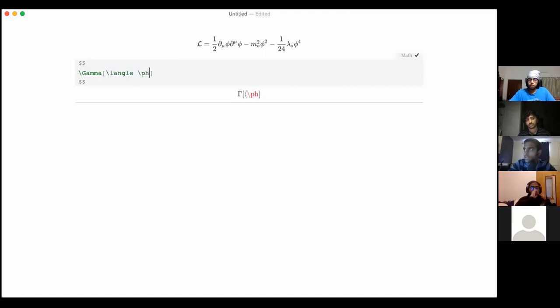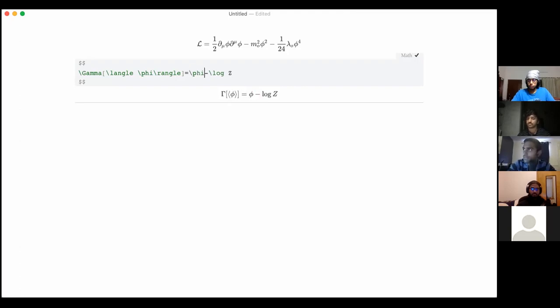So this is a bit of formalism, but basically it's related to the partition function in a particular way. It is minus, and then you have something that goes like this.